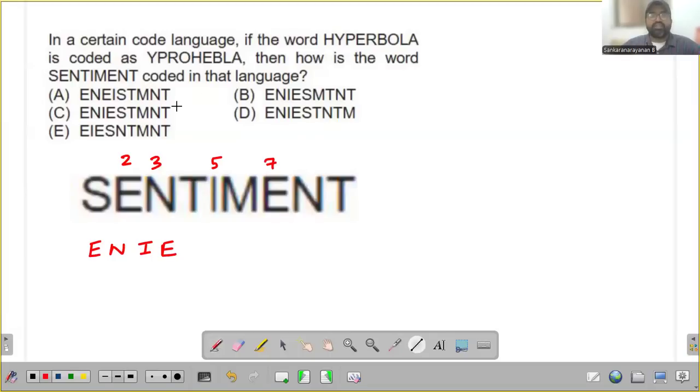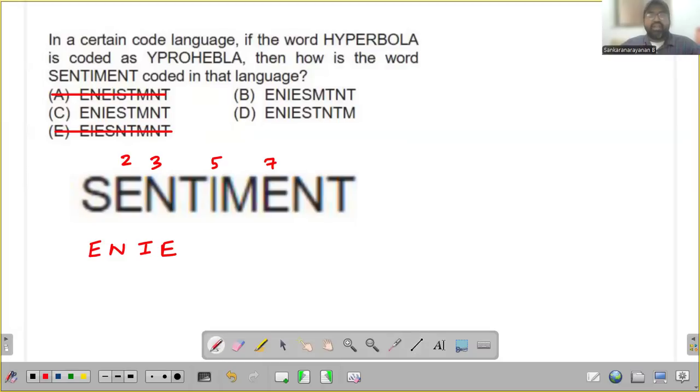Look at the options. E, N, I, E should come. So option E can be eliminated. Option A can be eliminated. We are left with options C, B, and D.